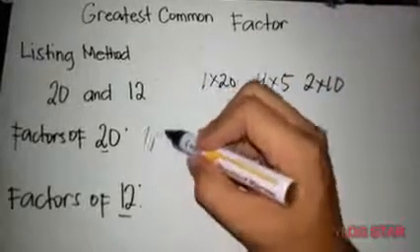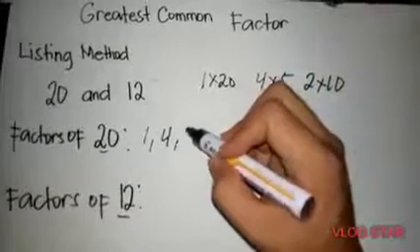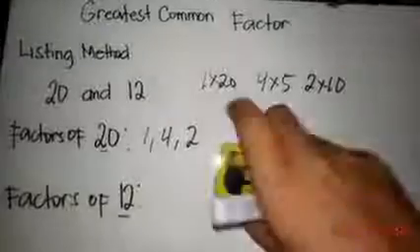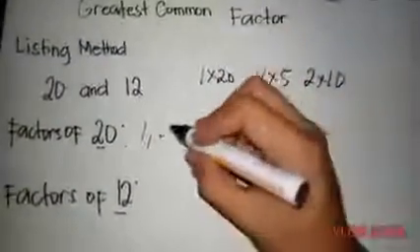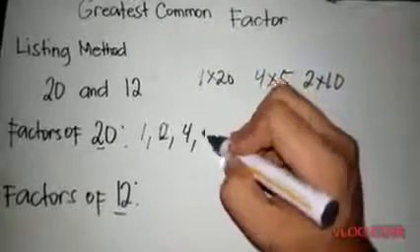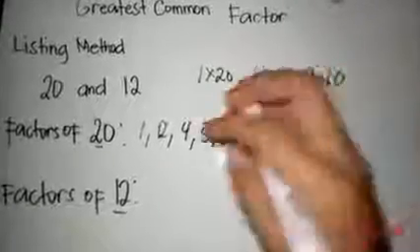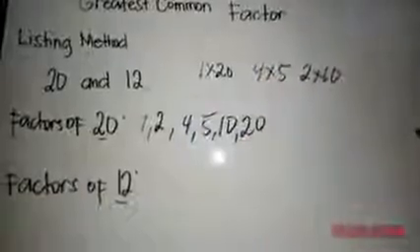So 1, 2, 4, 5, 10, and 20. These are the factors of 20.